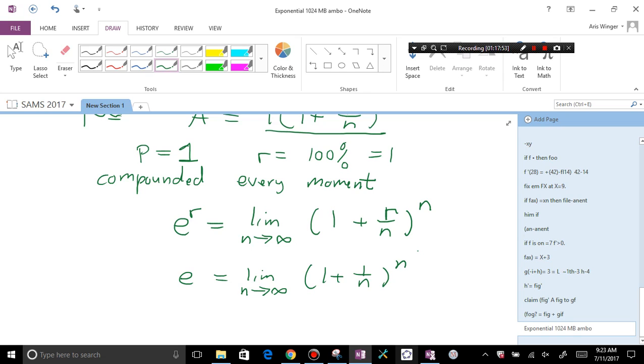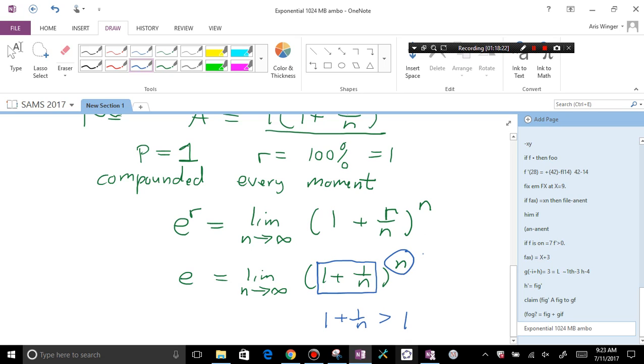That's a great question. Let's talk about that. So this is an indeterminate form, right? She's saying, look, we've got some problems. n is positive. 1 plus 1 over n is bigger than 1, yes? I've got something bigger than 1 and I'm raising it to the infinity power.